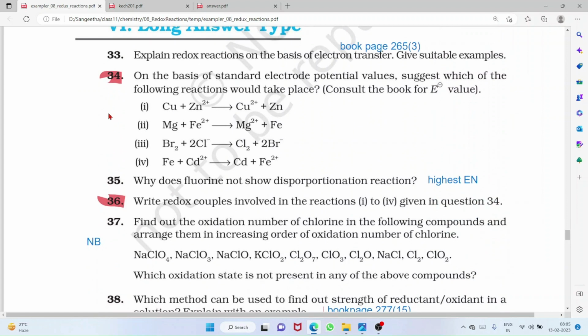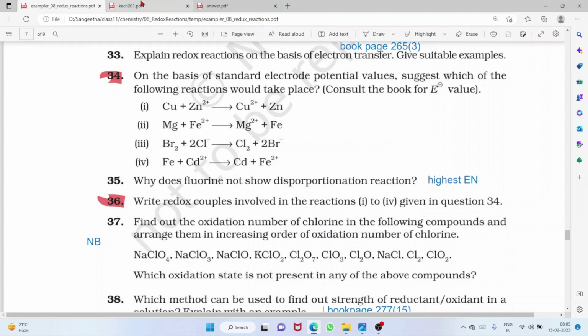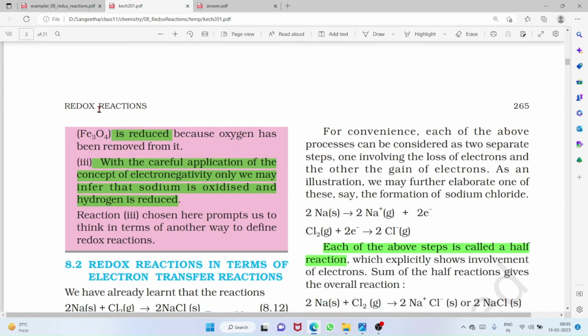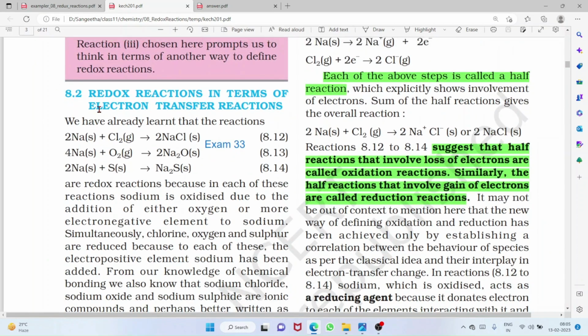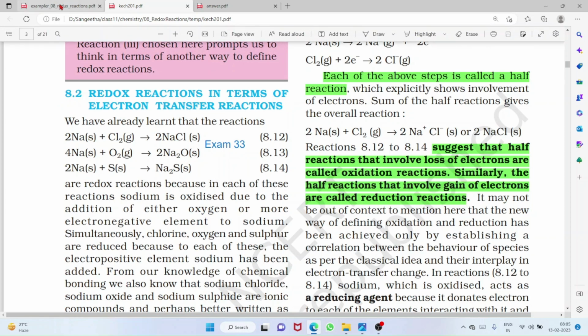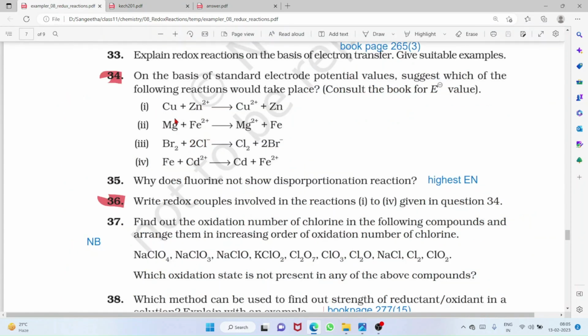Explain the redox reaction on the basis of electron transfer. The redox reactions in terms of electron transfer. So you can go through these sections. Standard electrode potential.